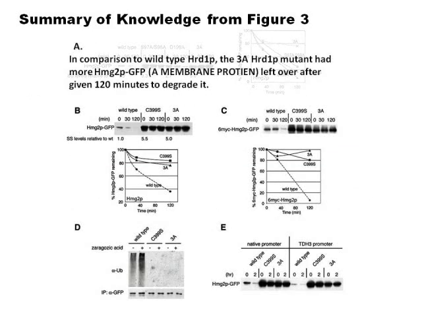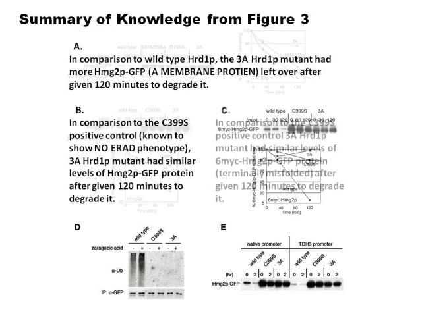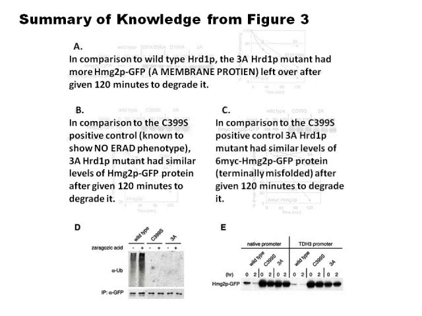In panel A, they identified a 3A mutant HRD1P protein that was deficient in the ERAD degradation of HMG2P membrane protein. This was measured against an ERAD-deficient positive control in B, and in panel C, the mutant's effect was shown to be even stronger when the signal for ERAD degradation was increased using a misfolded version of HMG2P.